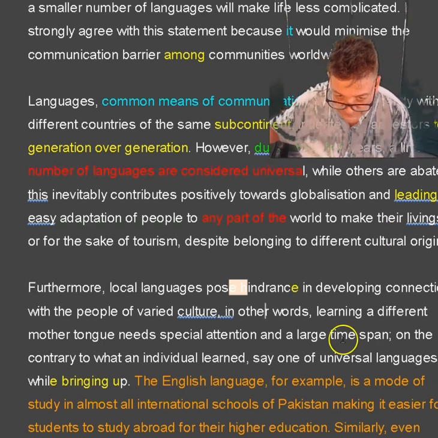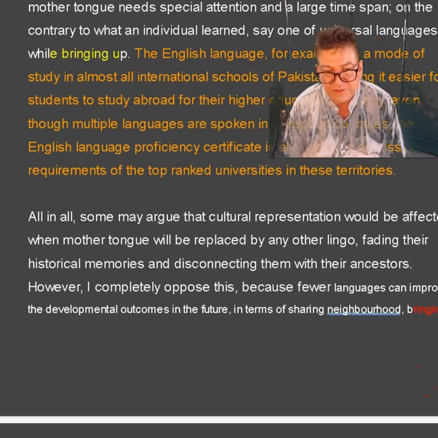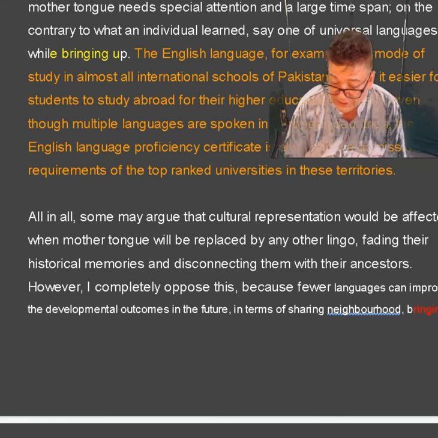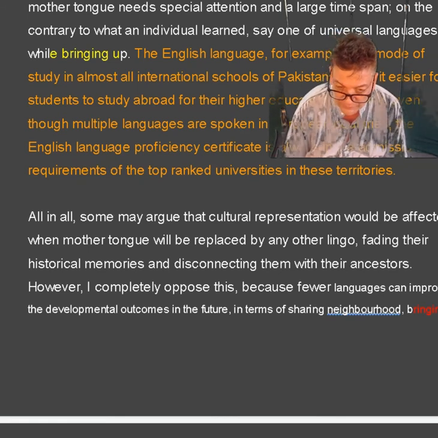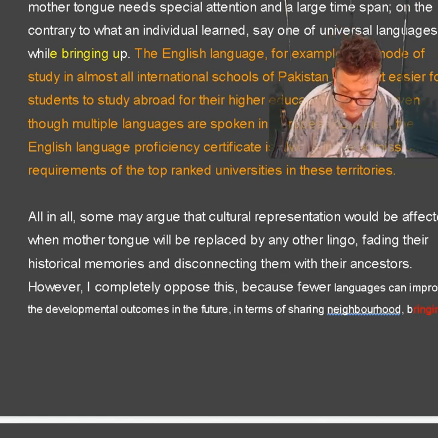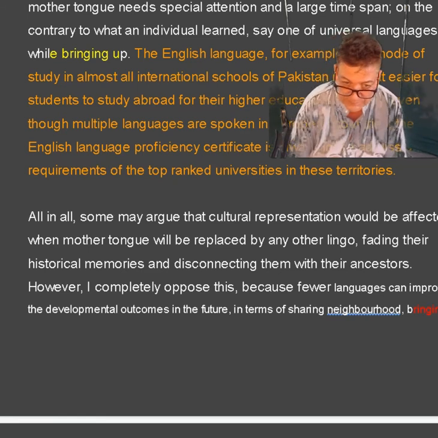Similarly, and so this is all off topic, which is why it's orange. All in all, some may argue that cultural representation would be affected when mother tongue would be replaced by any other lingo. Yeah, okay, so now you touch on the point of the other side, which is that these languages disappearing is important because their culture disappears with the language.